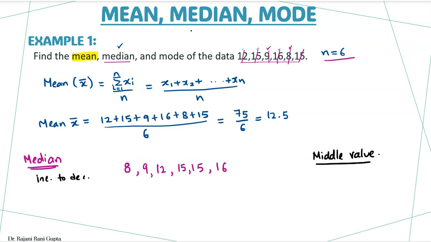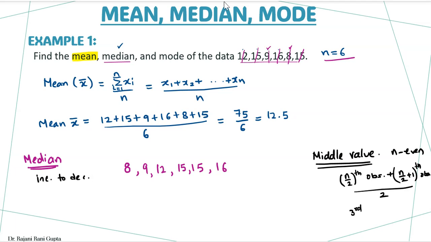If you recall the rule of finding the middle value when n is even, it is the n by 2 observation plus the n by 2 plus 1 observation, divided by 2, because it's nothing but the mean of these two observations. Okay, so let's see what is n here. Here n is 6. So it's 6 over 2. It means it's the mean of the third and fourth observation.